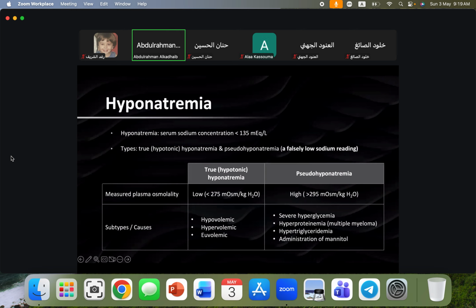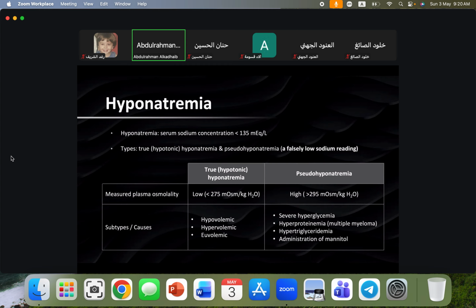The causes of true hyponatremia, we usually classify them based on the body volume into three main types: hypovolemic hyponatremia, hypervolemic hyponatremia, and euvolemic hyponatremia. And as we said, in cases of pseudo-hyponatremia, the patient has other particles that may make the osmolality high and the sodium level falsely low, but actually it's not low.